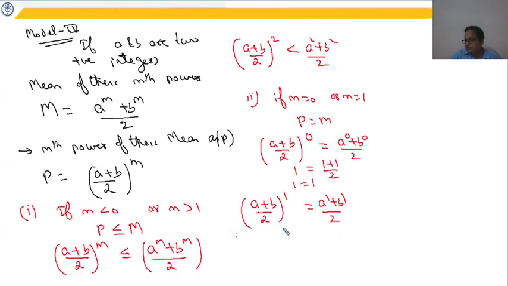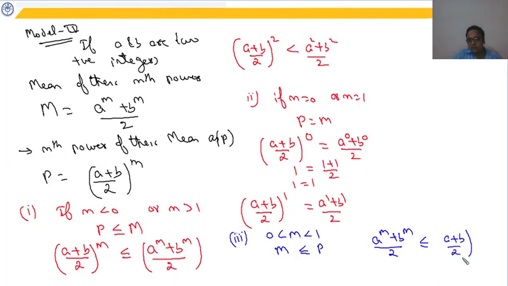And the third part: if m is greater than 0 but less than 1, in this case M is less than or equal to P. M is less than or equal to P. That is, (a to the power m plus b to the power m) divided by 2 is less than or equal to ((a plus b) by 2) whole power m.